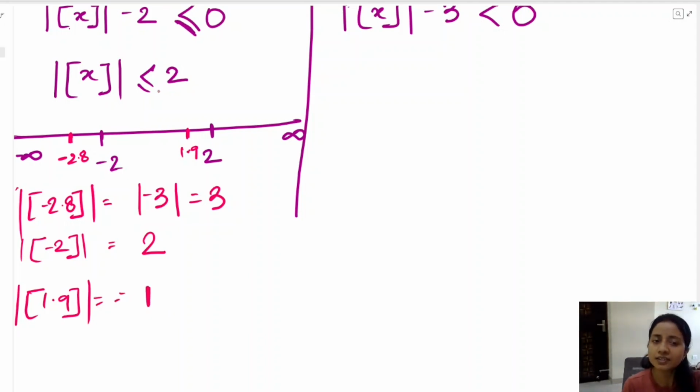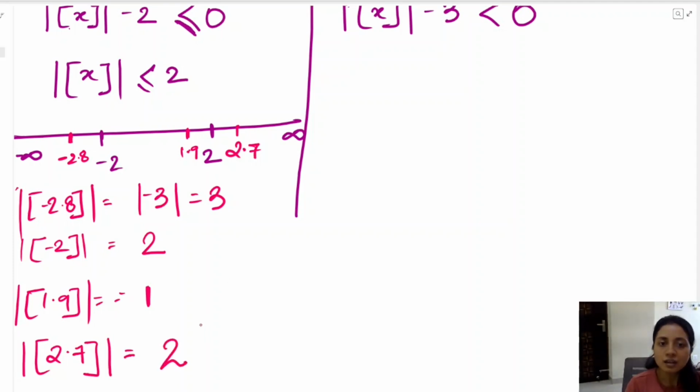And yeah, it is satisfying our inequality. What about a number towards the right side of positive 2, maybe positive 2.7? If we take positive 2.7, we are getting just 2. And yeah, this still is satisfying our inequality, and this will be valid for numbers like 2.8, 2.9, 2.999.